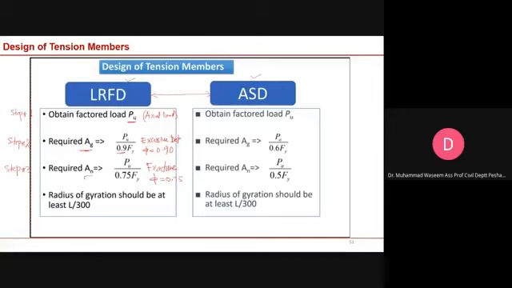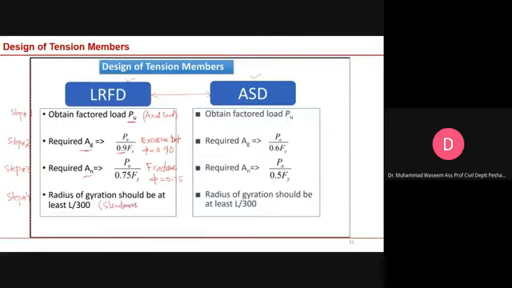In the second and third steps of tension member design according to LRFD, you calculate the cross-sectional area. And the fourth step is that we check the slenderness ratio.